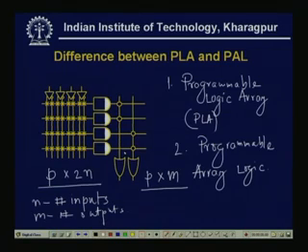Then it is called a programmable array logic, PAL. So, the difference is when both AND plane and OR plane are programmed, we call this a PLA.